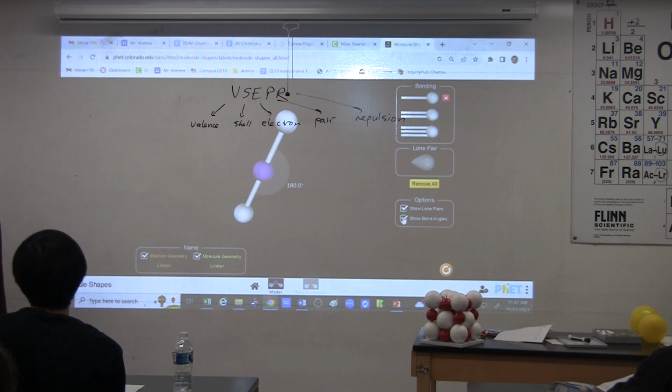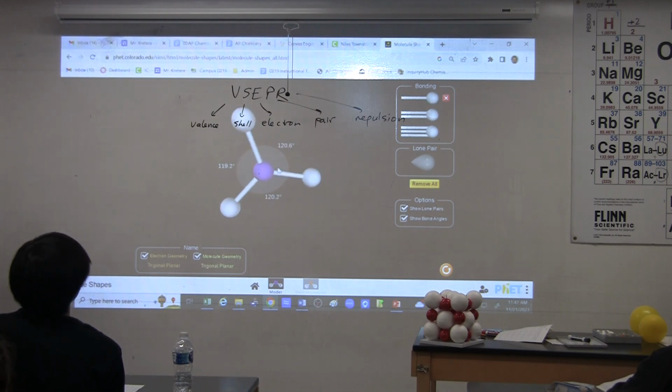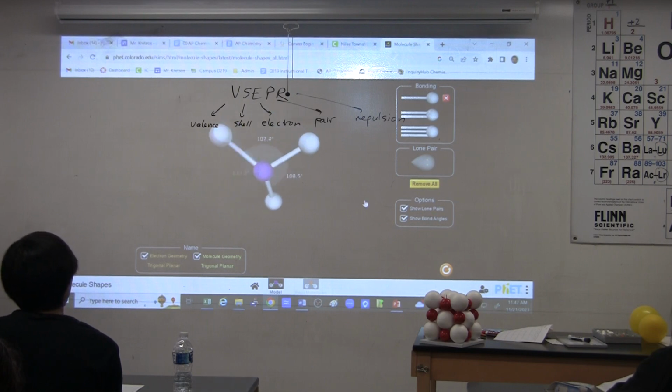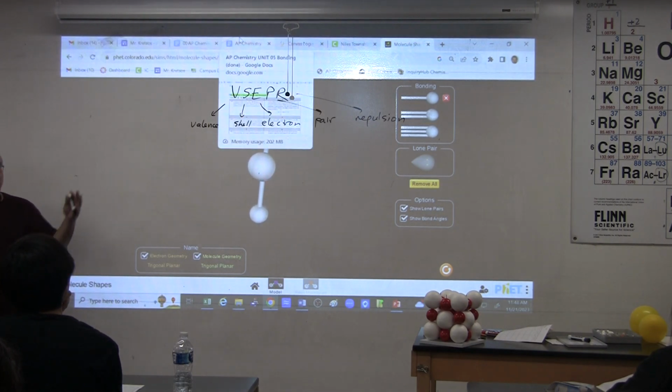Good. Not only is it a triangle, but it's an equilateral triangle and it's flat. It's 2-dimensional. This is the best we can get spread out in this arrangement. If I try to move an atom farther from one, it gets closer to the other, and no matter how I wiggle it, it will still come back to its most natural and stable shape.